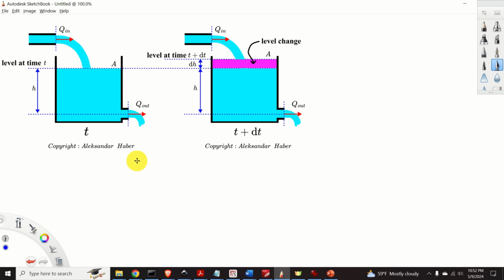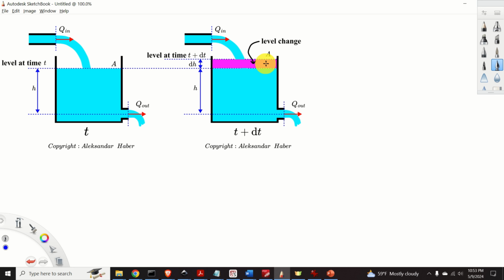Our first goal is to derive the differential equation describing the dynamics of this system. On the left side over here, you can see the fluid level at the time instant t. The fluid level is denoted by h. Then, after some infinitesimally small amount of time, denoted by dt, the fluid level will be over here.